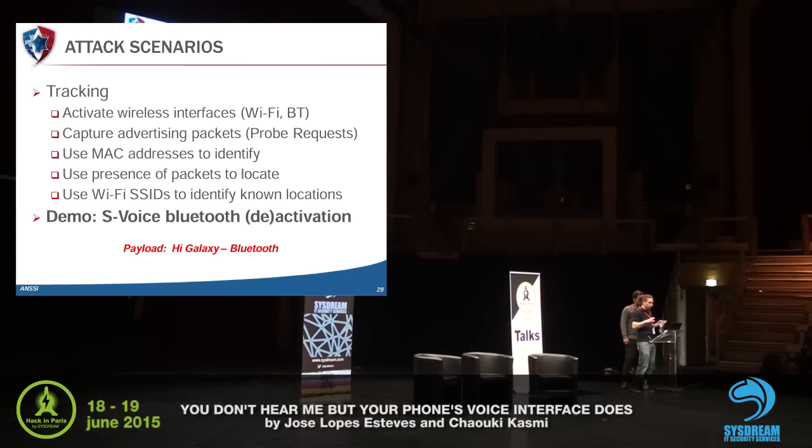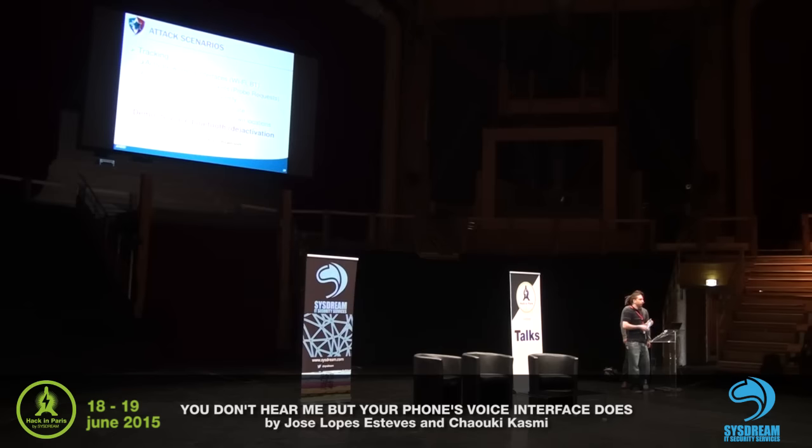We use S-Voice to activate or deactivate the Bluetooth. The payload that is sent over the air here is "Hi Galaxy", because it's a Samsung Galaxy, and then we just say the word Bluetooth, and this will act as a switch. If the Bluetooth is on, it will switch off, and if it is off, it will switch the Bluetooth on.